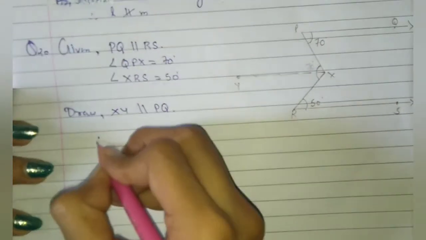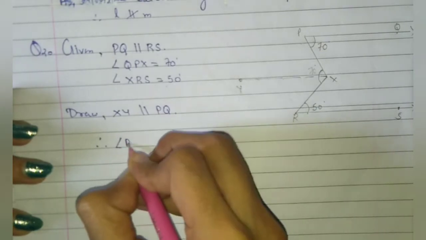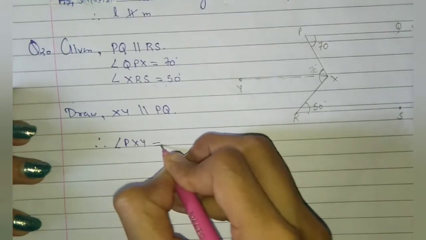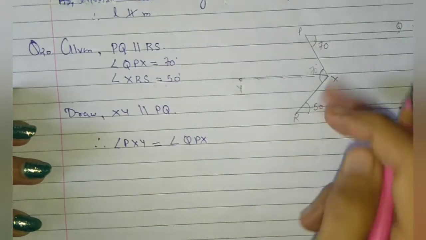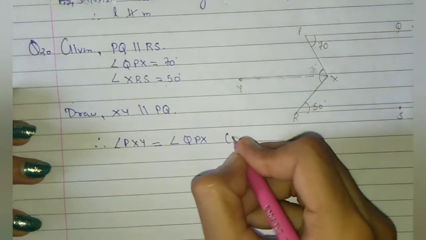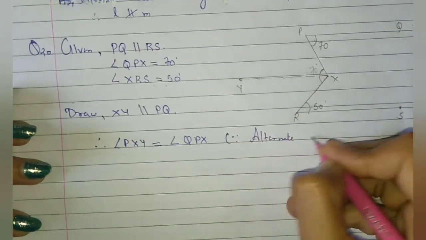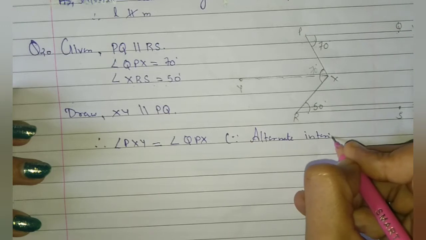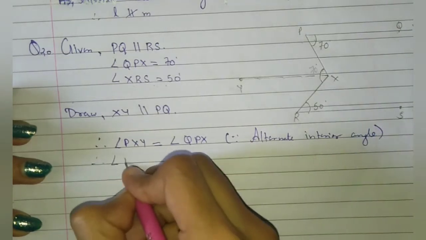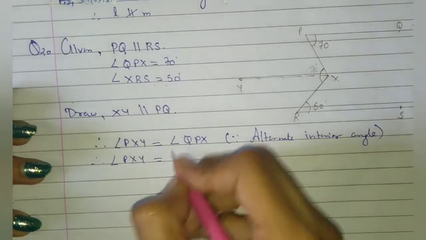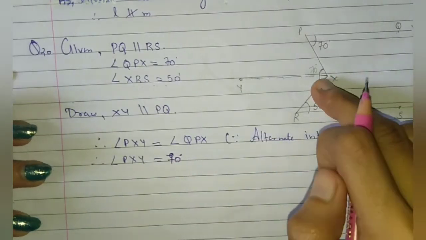Therefore angle PXY equal to angle QPX because it is alternate interior angle. So therefore angle PXY equal to 70. Okay, we got this 70.